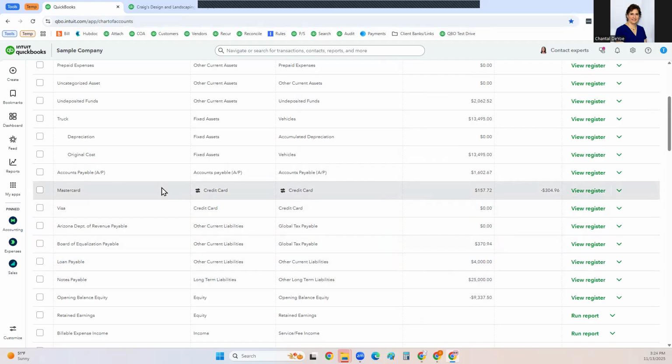So that $100 that you spend at the grocery store in your books is at the same time an expense and a liability. It's an expense because you bought groceries and maybe you've got a groceries expense account and you put it in there. But it's also a liability because you haven't actually paid it yet.